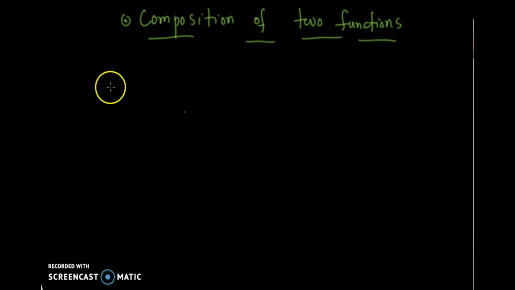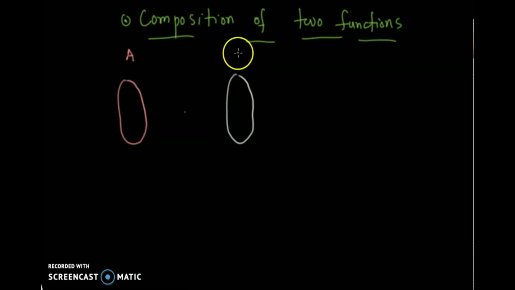Suppose you are having three sets. One is set A and the other is set B, and let's say we have got another set which is C. Now let me say that I have got a function f which is defined from A to B. So you can give the name f or g, it's up to you.